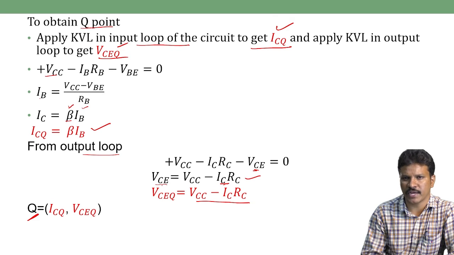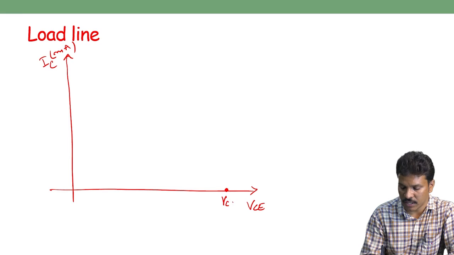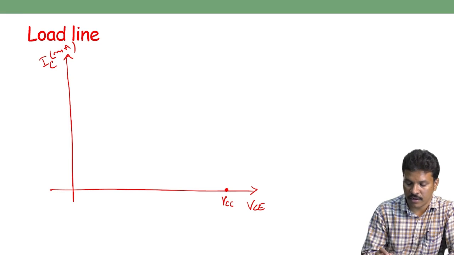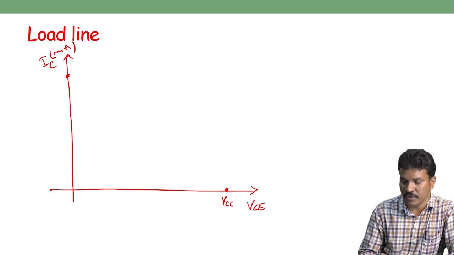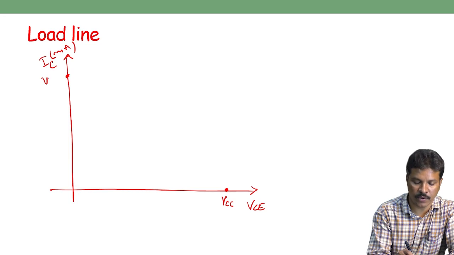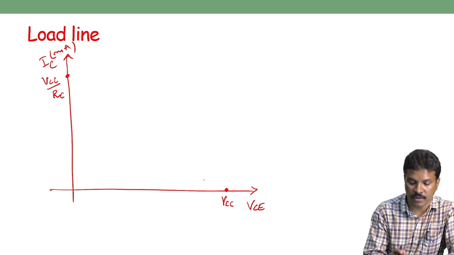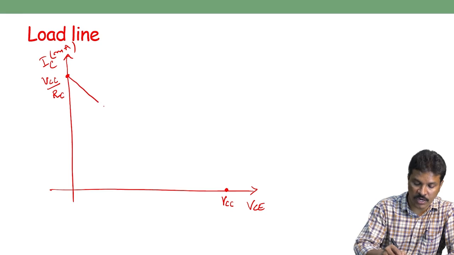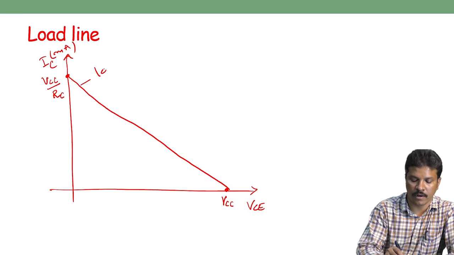Substitute IC on the y-axis as 0, you will get VCC. So that is called VCC. And then the saturation point, where VCE is 0, you will get VCC by RC. Here, substitute VCE is equal to 0, IC is equal to VCC by RC. You can join these two points. This is called the load line.